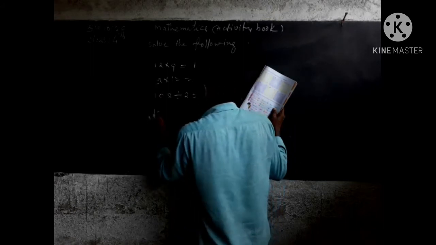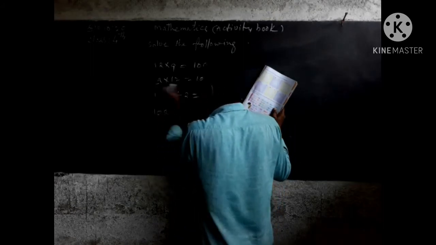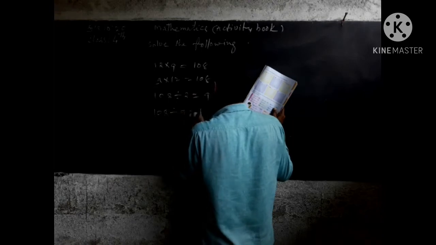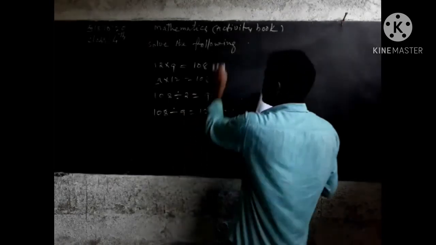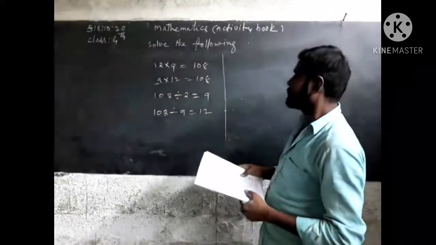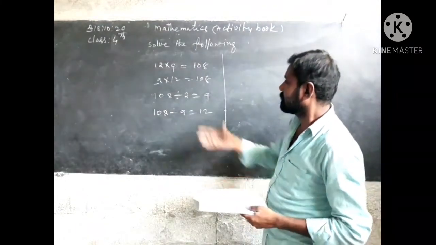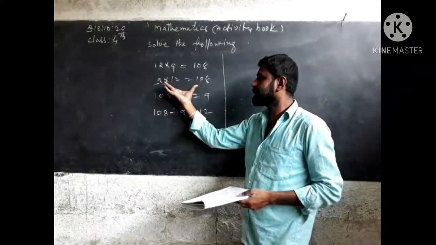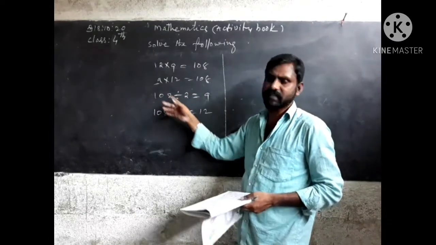Next, 108 divided by 9, the answer is 12. Means one multiplication fact can give two division facts.